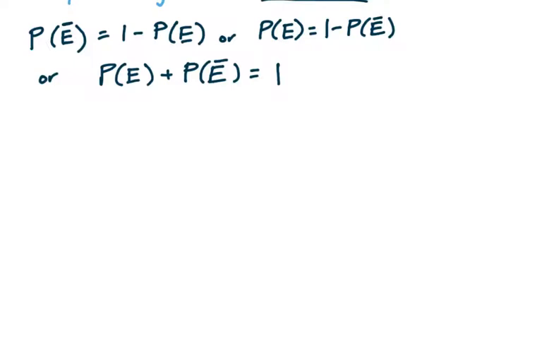Or yet another way to say it, and all 3 of these equations are equivalent to one another. They are all just rearranged in different ways, but they're all the same equation. The last way to phrase it is that if we add up these 2 probabilities, we should get a total of 1.